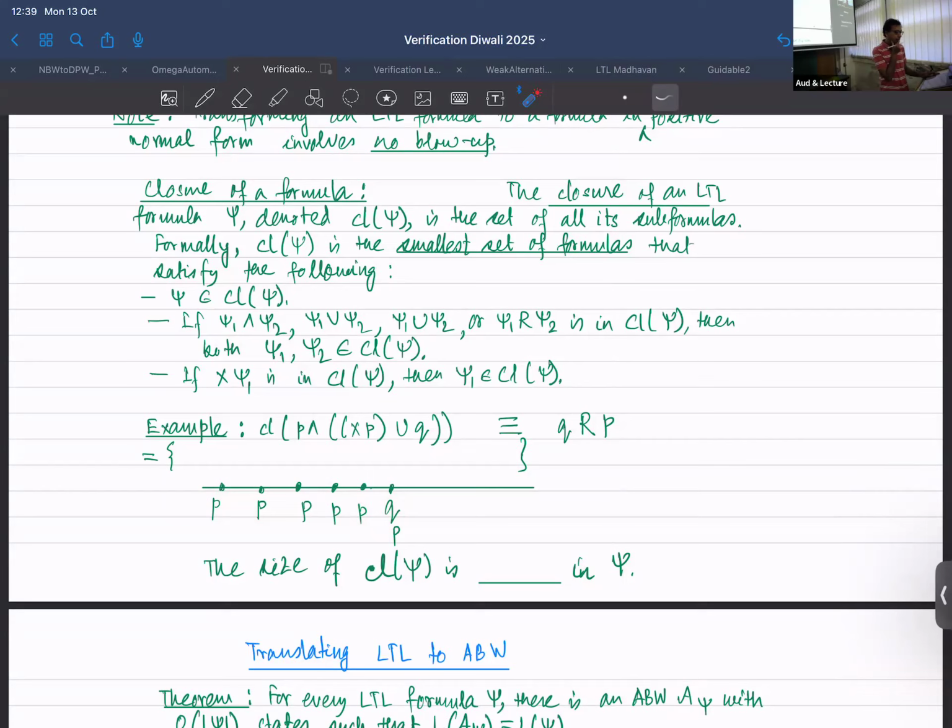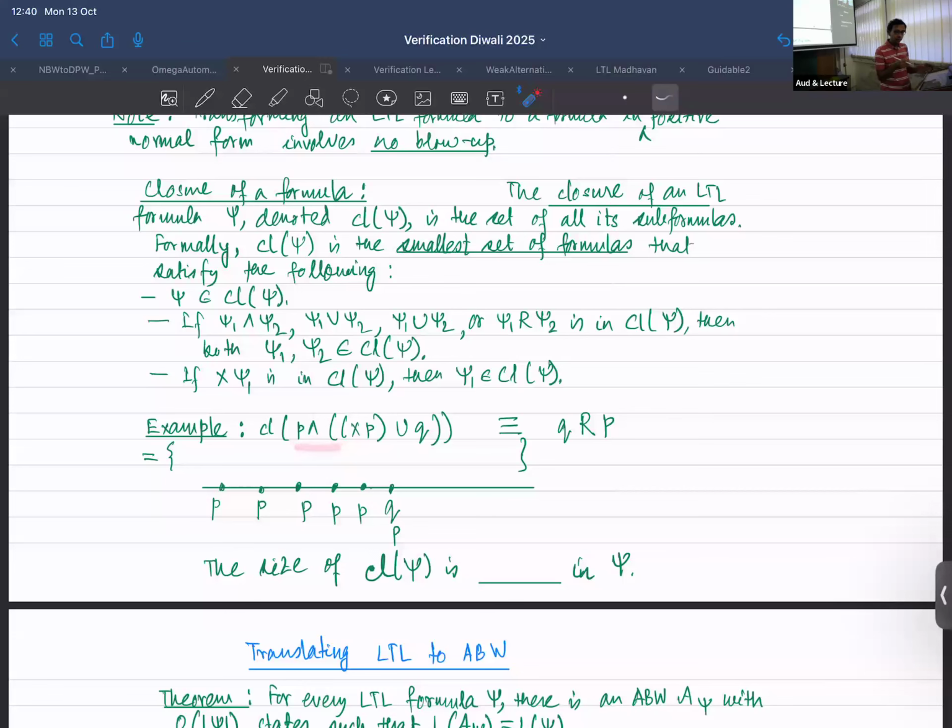So this is not quite Q release P. Is it Q release P? Is it like Q should occur infinitely often and P should be true forever? No. So what does it say?